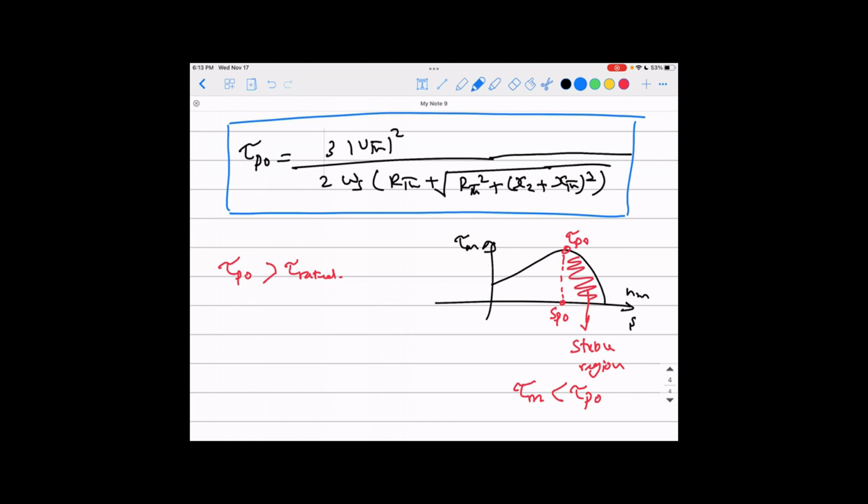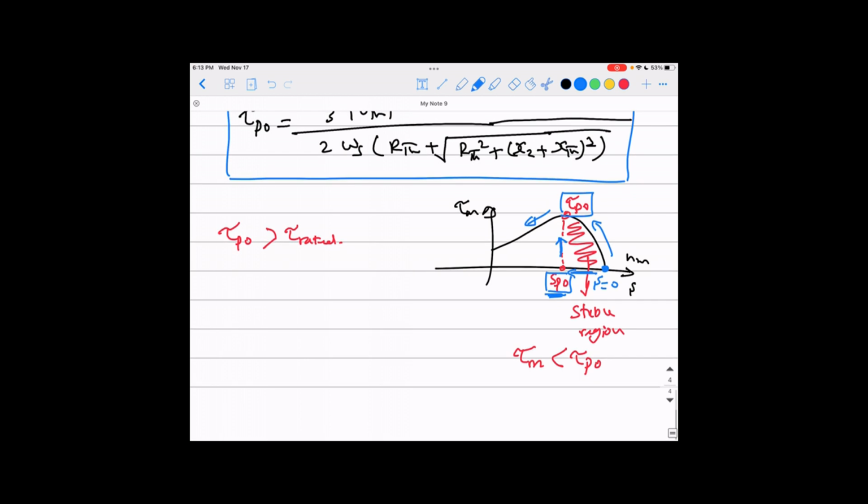Okay, and here the slip at this point equals 0, and with the increase in the torque, your slip starts increasing and increasing until it hits the slip of the pull-out torque, which is the maximum value of the slip you can hit, because that corresponds to the pull-out torque itself, which is the maximum torque that the machine can deliver. After this, you go into the unstable region and the machine starts breaking down. Okay, guys? So this slip at the pull-out torque is very, very important to deal with.